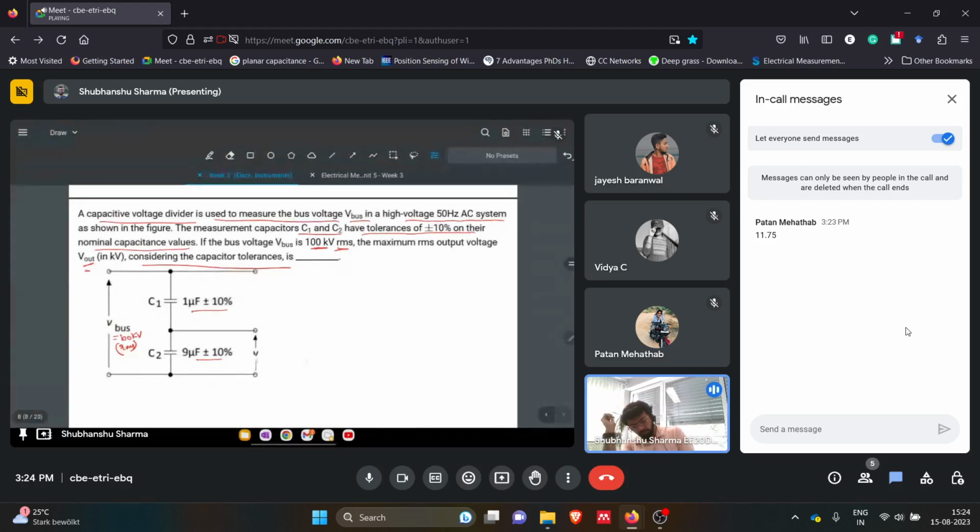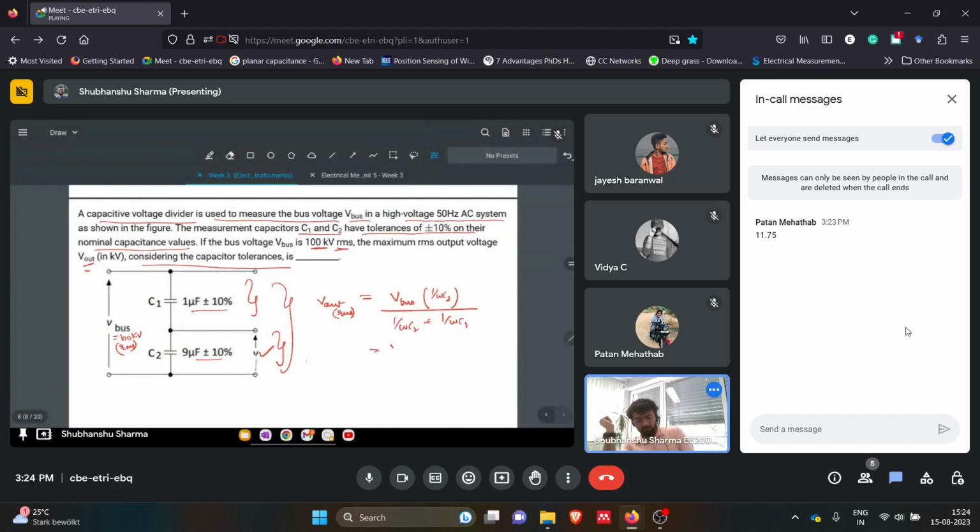We will be going for this voltage divider rule. So we need to calculate this voltage V out RMS equals V bus, divided by the total reactance, into the reactance of this, that is 1 by omega C2, divided by the total reactance 1 by omega C2 plus 1 by omega C1.